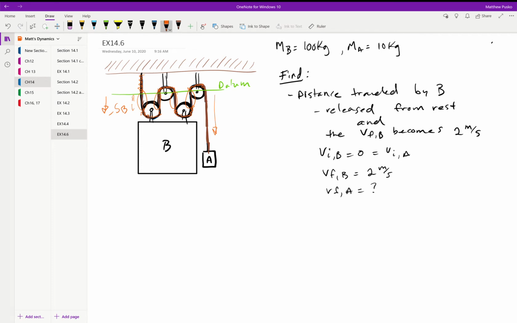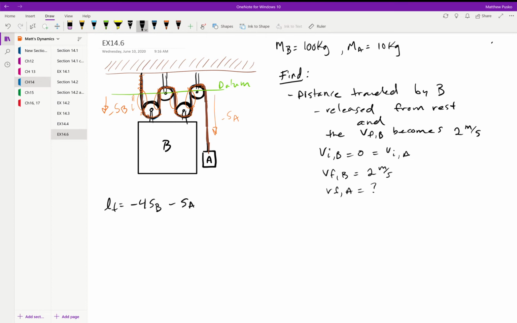So these distances will get longer if this one goes up and vice versa. So let's label this SA and write out our datum equation. The total length is equal to, we've got 1, 2, 3, 4 of those SBs and one SA pointed down.